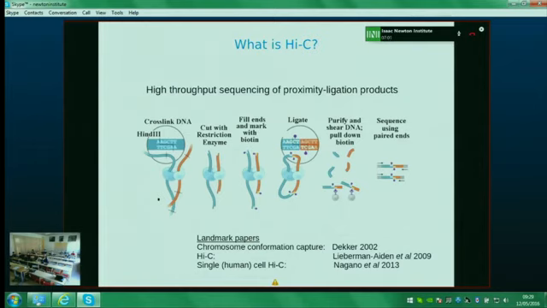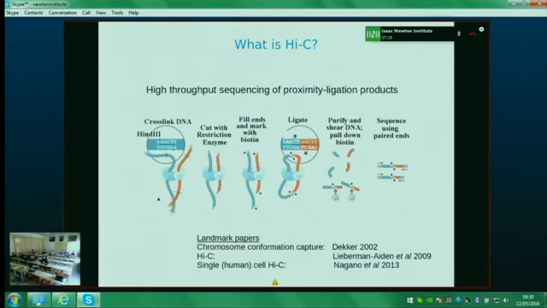So High-C is a technique for basically using high throughput sequencing to reconstruct 3D chromosome architectures. And I'm sure many of you are familiar with this, either because you've heard me talk about it before or heard somebody else in the cancer genomics community talk about it. But the basic idea is that we use formaldehyde to create these reversible cross-links between DNA and protein.